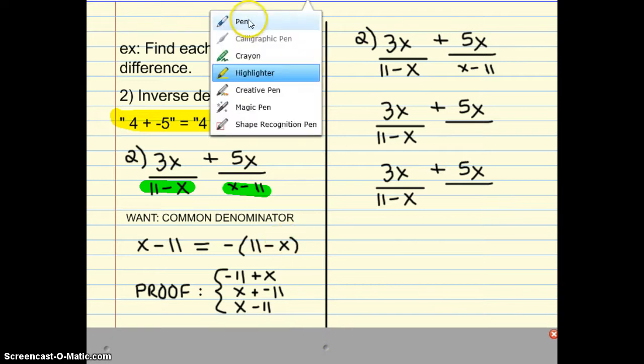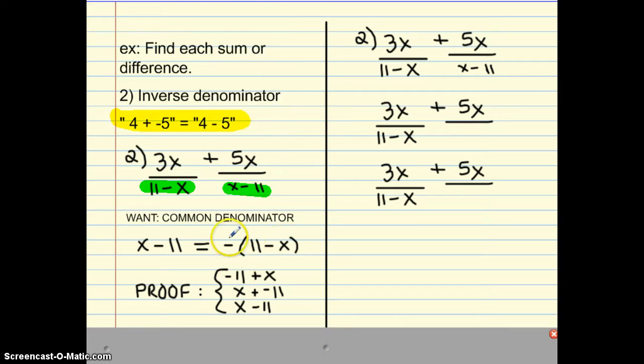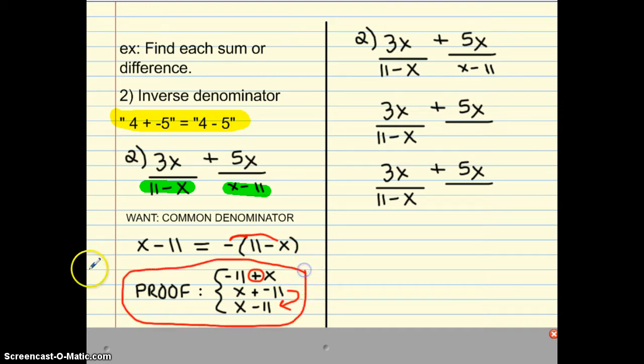If I were to distribute my negative to both of these, I'd have negative 11 and positive x. Well, with that addition in the middle, I can now flip the order, and I have x plus negative 11. And from before, we know that that can be x minus 11. I don't expect you to really do anything with this. I just wanted to prove that this is true.